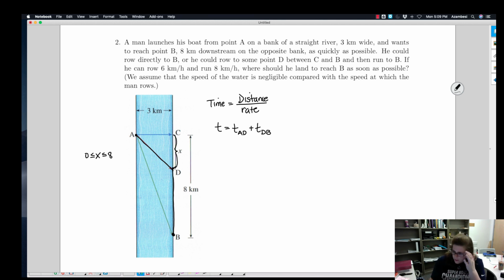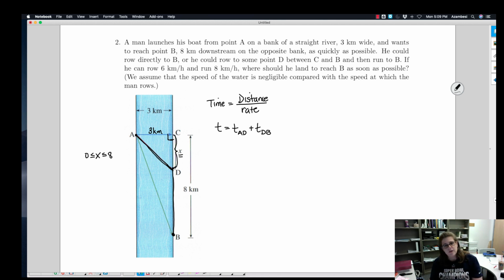Now, other things that I want you to notice is that we know some things about the dimensions of this particular path. What you can see is a right triangle. So I know that this side here is 3 kilometers. I know that this side here is equal to x.